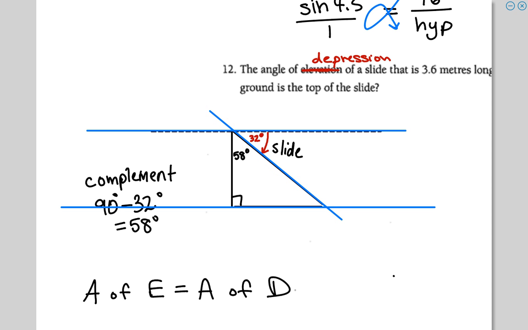So I know that angle 32 is also right here. The other thing I could have done is 180 take away 58 take away 90. That's also going to be 32 for this angle down here in the corner, because I remember all my chapter 5 angle stuff.